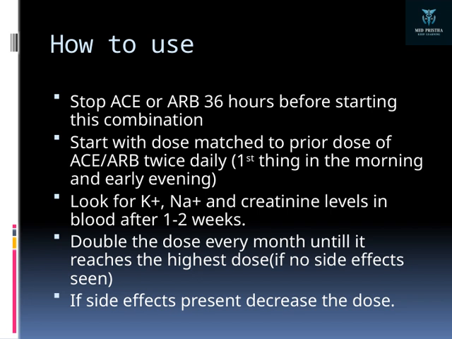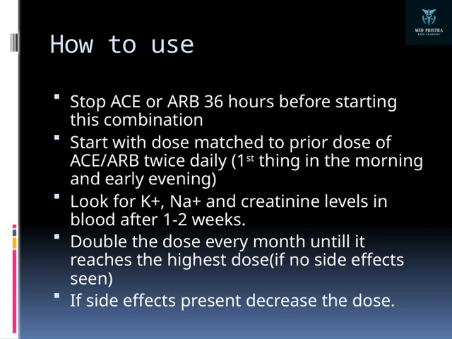After about 1 to 2 weeks, it's crucial to check blood levels of potassium, sodium, and creatinine. These labs give us a good picture of how the patient's kidneys and electrolytes are responding to the new treatment. From there, the plan is to double the dose each month, gradually increasing until reaching the highest tolerated dose, provided no side effects occur. This titration helps optimize the therapeutic effect while keeping safety in focus.